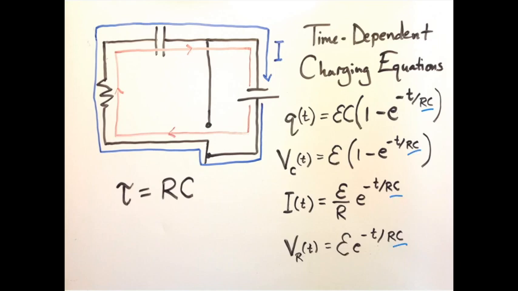That is referred to as the time constant. It's represented by the letter tau, and has the value RC, which somehow works out to be in units of seconds. Believe it or not, if you take an ohm times a farad, you get seconds.